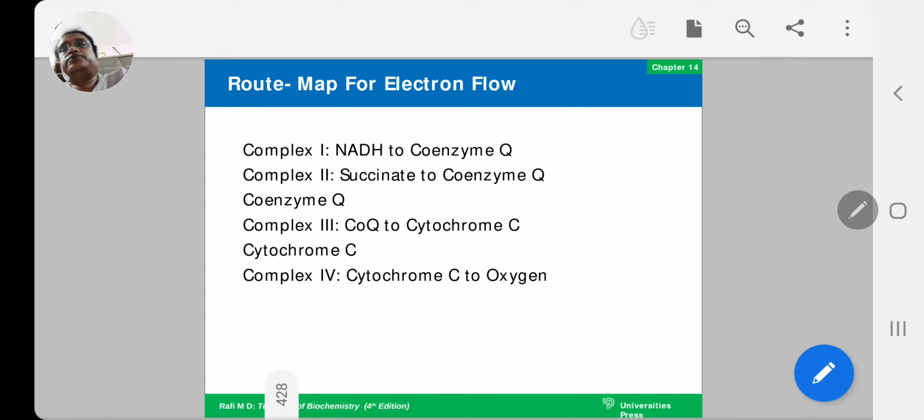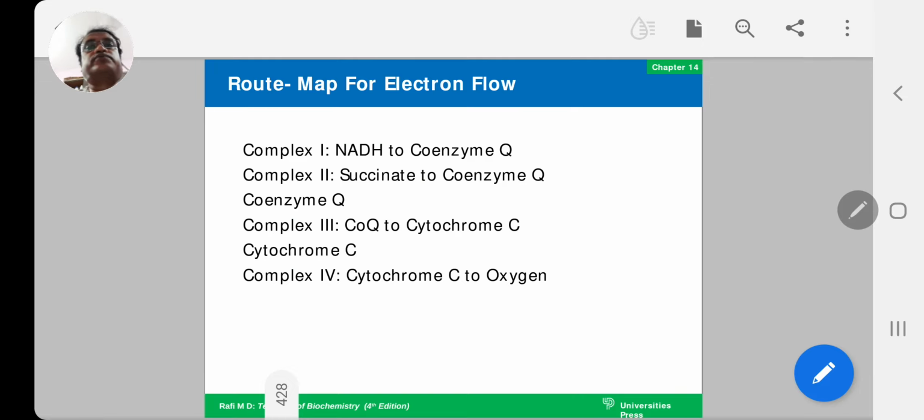Finally, QH2, that is ubiquinol, is oxidized to ubiquinone and 2 molecules of cytochrome c are reduced. Flow of electrons through complex 3 is coupled with an endergonic transfer of 4 protons from the matrix to the intermembrane space.